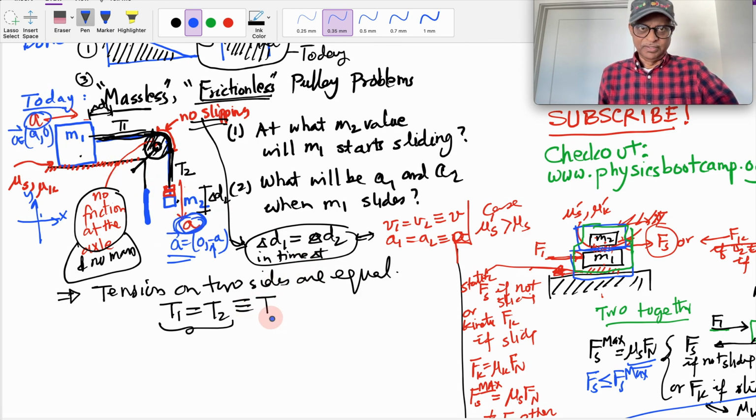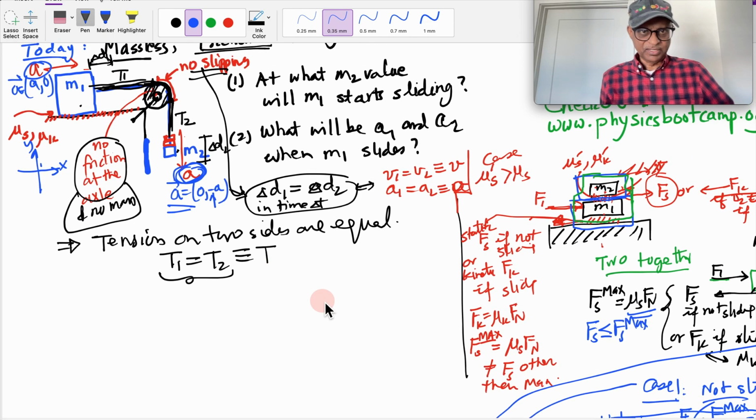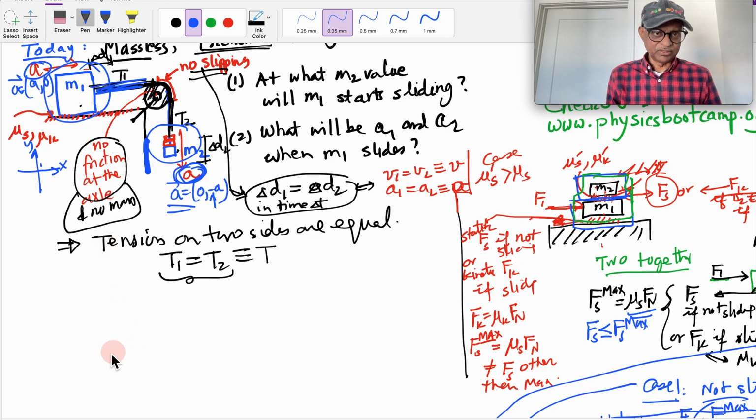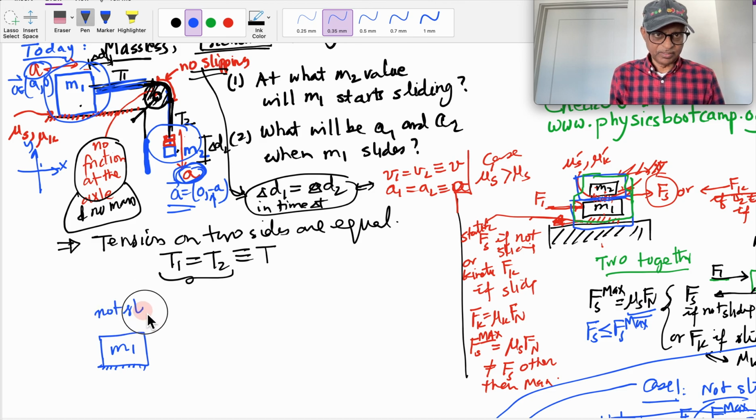All right, this is very simple once you realize we have to set up an equation for this guy, and an equation for this guy. Let's try to set up the motion for M1. Say it's not sliding. Say the mass is not enough to slide.